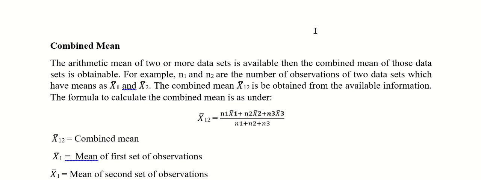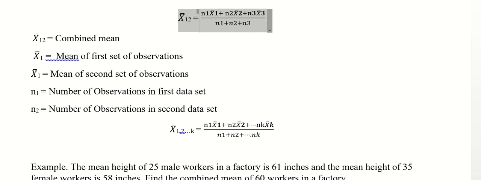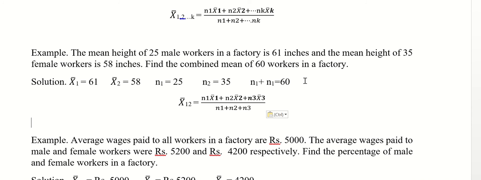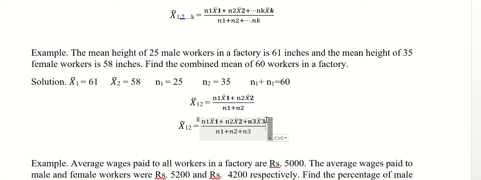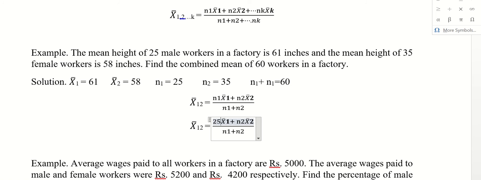So for the combined mean, we will apply this formula. Here we have only two sets of observations. So n1 is 25 into mean 1, which is 61.